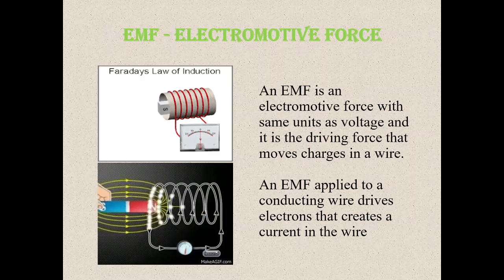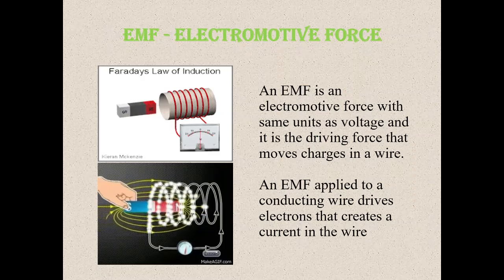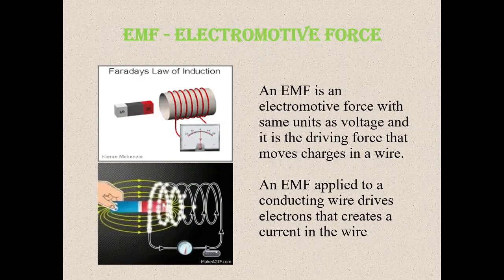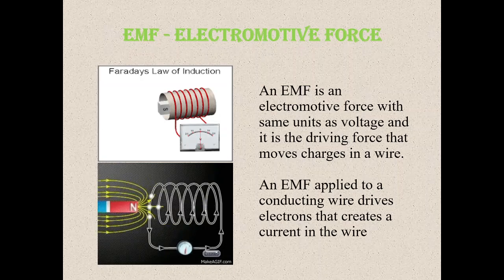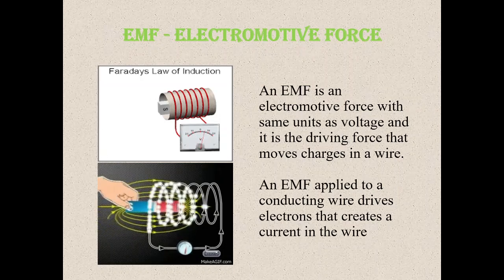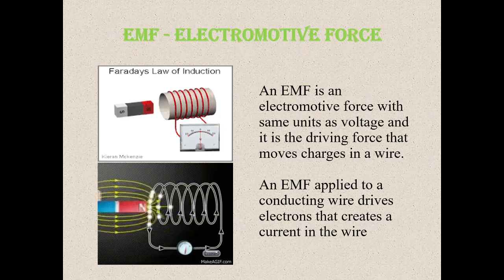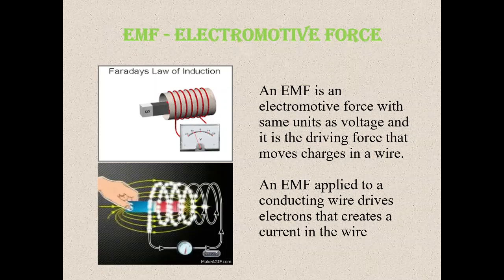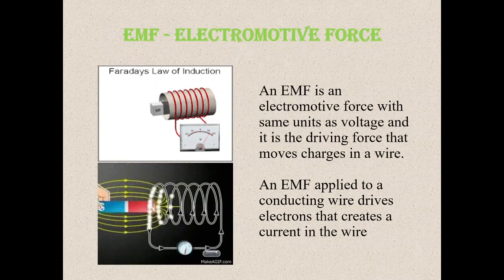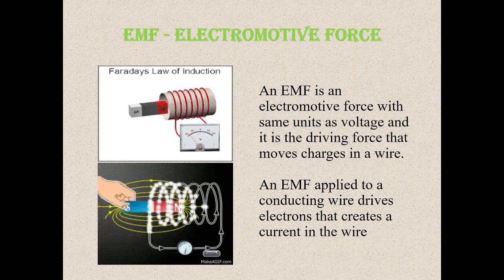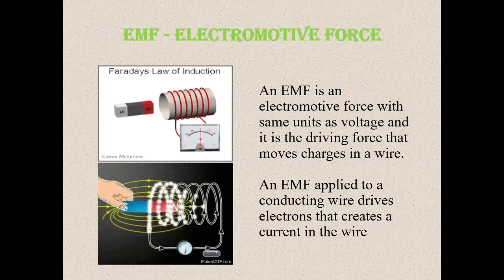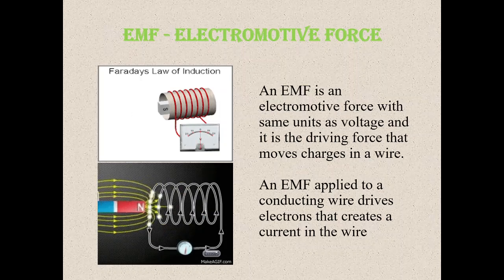We have a coil, that is a wire, which is connected to a meter, and when the magnet is introduced in this coil, shining glowing points can be observed, and these are nothing but the electrons. More electrons can be observed when the magnet is introduced in the coil, and these electrons make current flow through this wire.